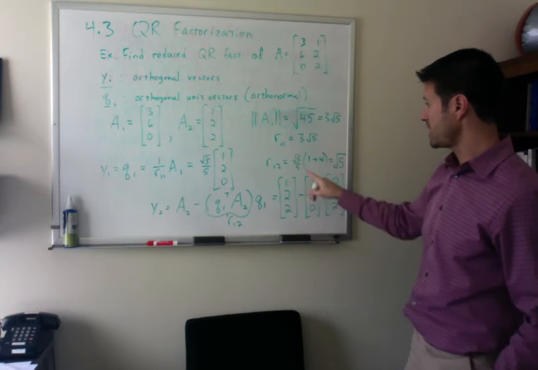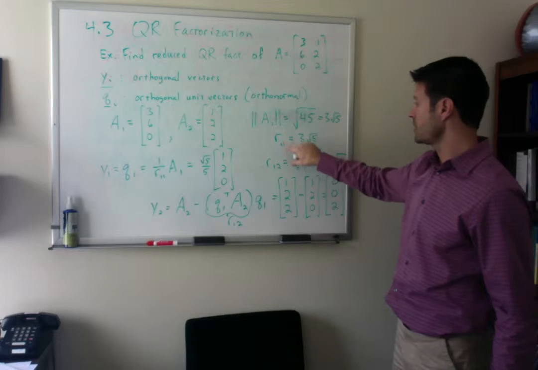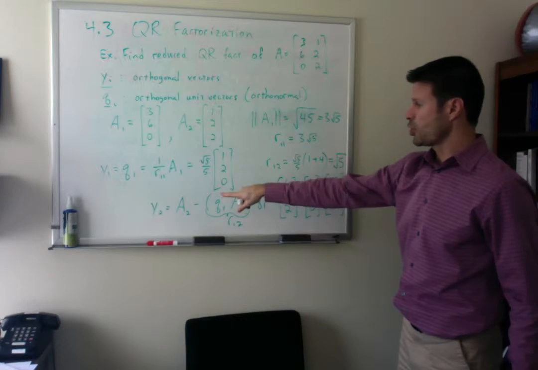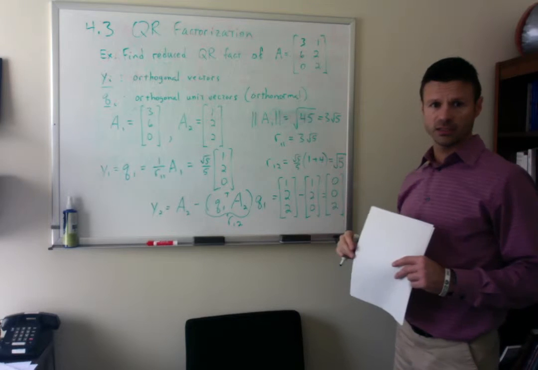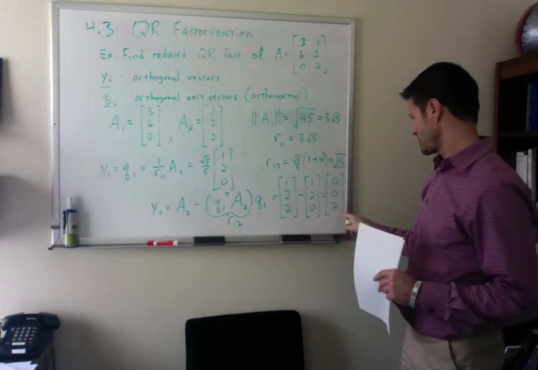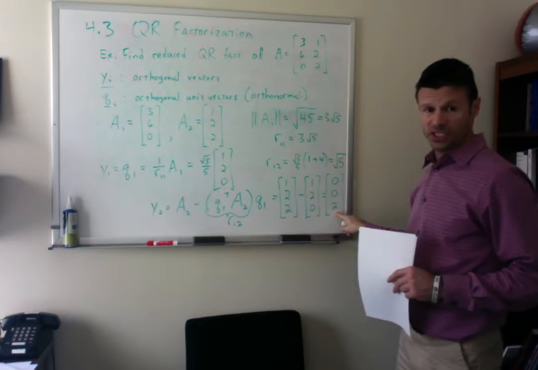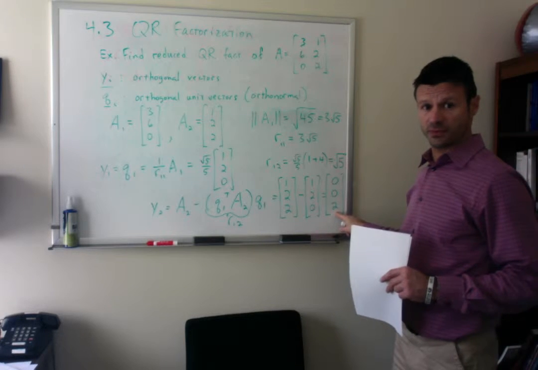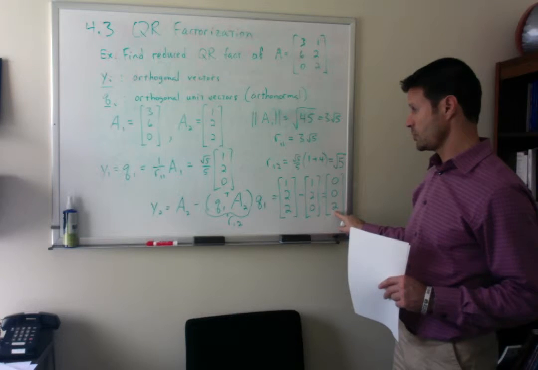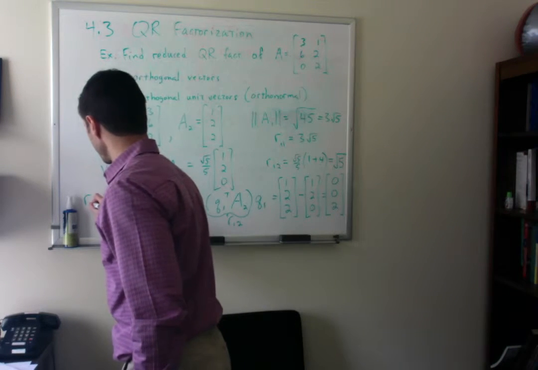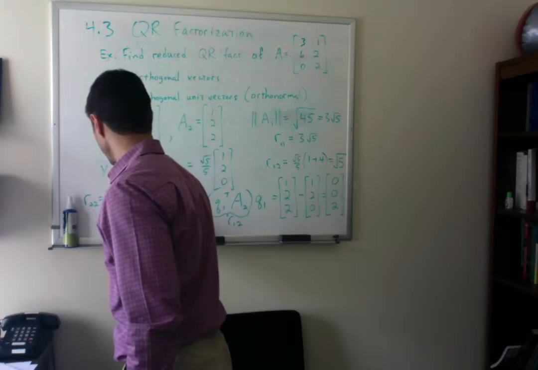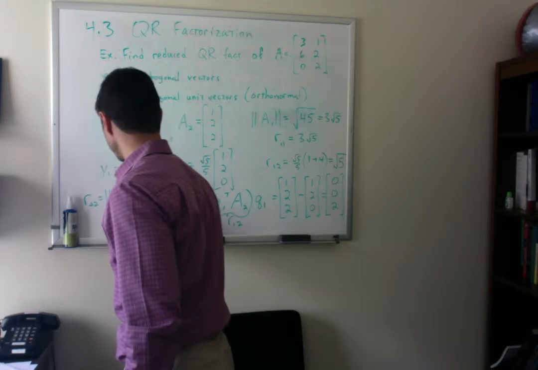We're going to do what we did previously. We're going to label the norm of y2 as r22. And that's easy. Since only one of these entries is non-zero, the norm of y2 is the absolute value of its non-zero entry, which is this 2. So here it's easy to see that r22, which is the norm of y2, is equal to 2.